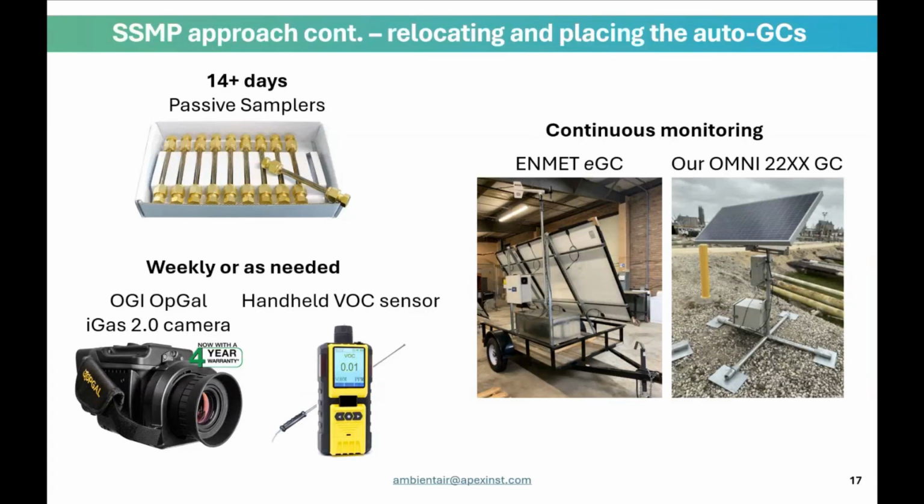And then the use of the continuous monitoring auto GCs provides very accurate data and good time resolution, but their performance won't match that of a laboratory grade GCMS for analysis. But each piece of equipment in this SSMP case study really provides important information for its specific use. So I like to highlight, pick the right tool for the right job.